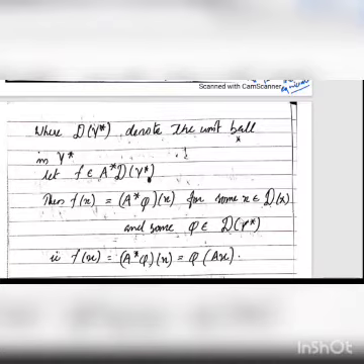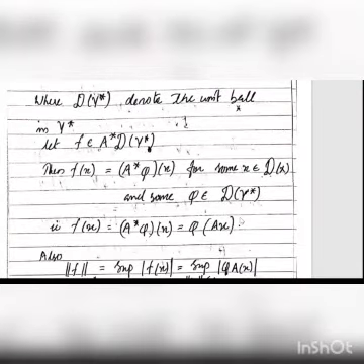That is, f of x is equal to A star phi of x, which equals phi of A of x. Also, norm of f star equals the supremum over norm x less than or equal to 1 of modulus of f of x. Here f of x is the same as phi of Ax, so I can replace that with phi of Ax.